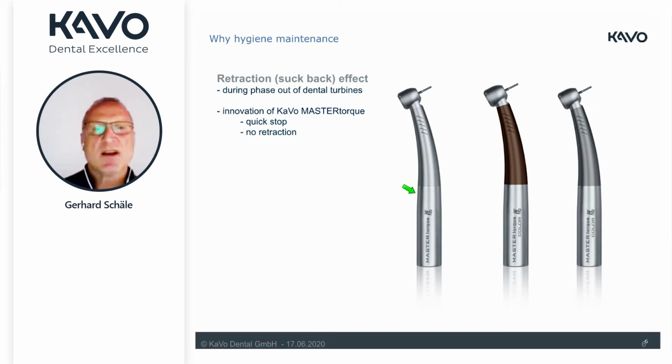We have in the Master Torque a so-called DST, we call it quick stop. DST means direct stop technology, so that we avoid the retraction into the inside of the instrument. This is a problem for all turbines worldwide. We want to avoid this so-called suck back effect into the turbine, so that no particles or contaminated material are sucked into the turbine.